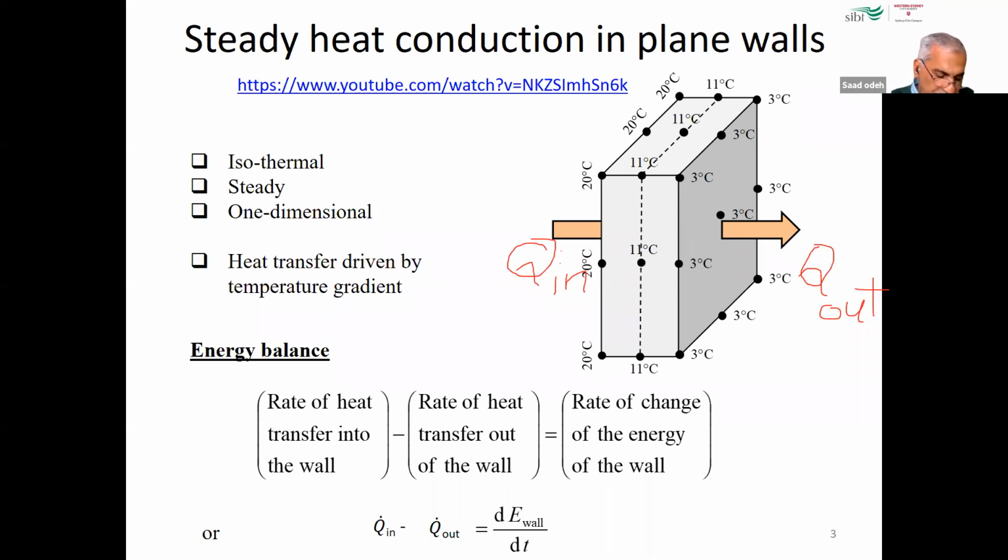So if all the energy coming in leaves the wall, then this part of the equation will be 0, correct? Because the Q in is equal to Q out.